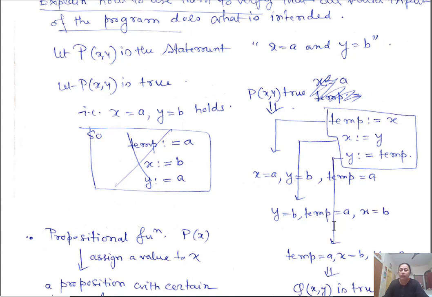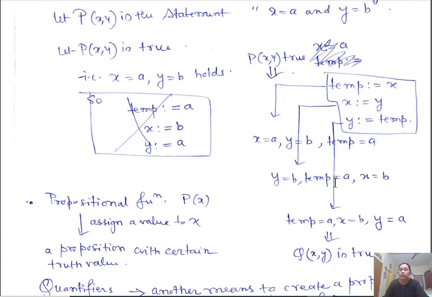In the third line, temp equal to a, x equal to b, and y is replaced by the temp value a. After that Q(x,y) becomes true. So P(x,y) true means Q(x,y) is also true, because here it was x equal to a, y equal to b, and here it is x equal to b, y equal to a.